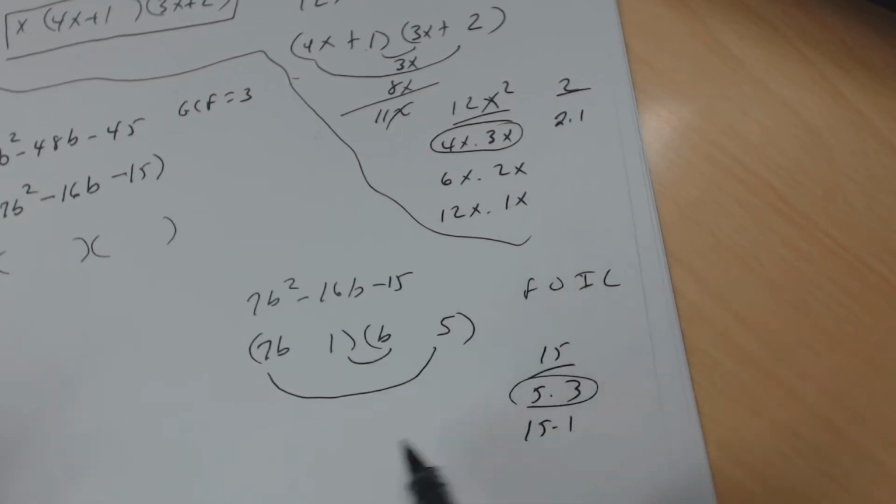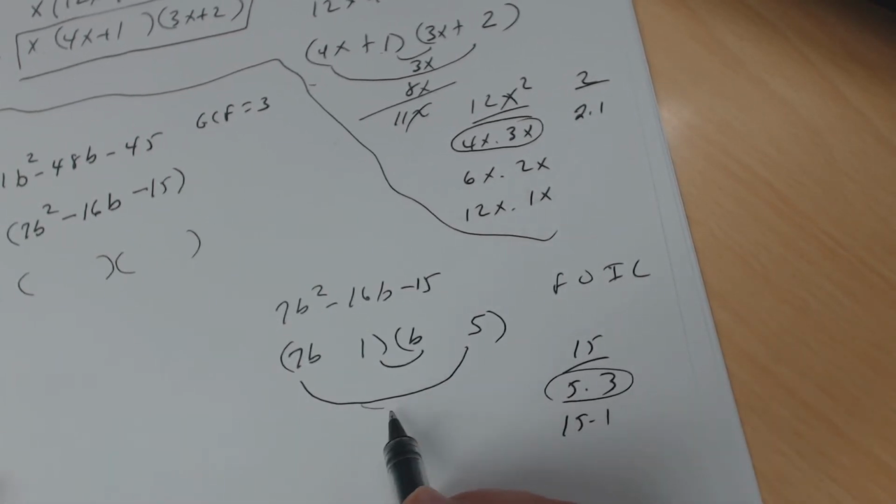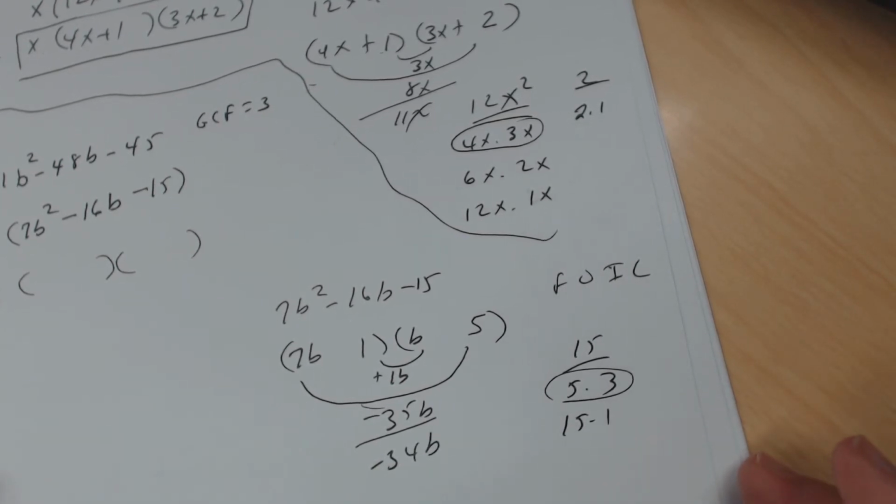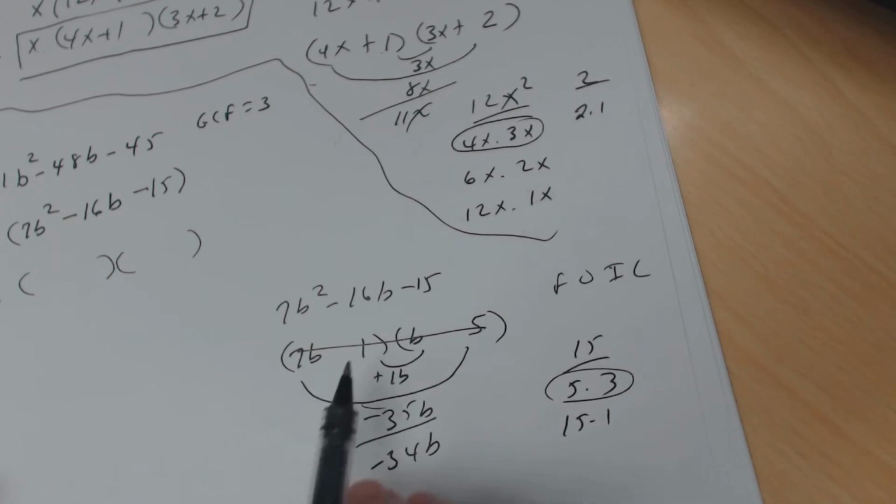But let me just show you. That's 35b, and that is 1b, right? So the larger coefficient will take the middle sign, so this is negative and this has to be positive. When I add them up, obviously it wouldn't work because that's a negative 34b. So I'm going to cross it out.